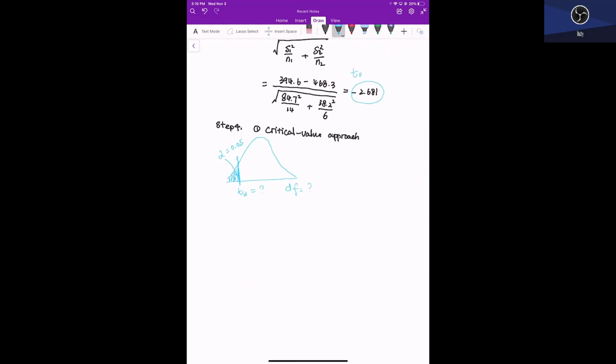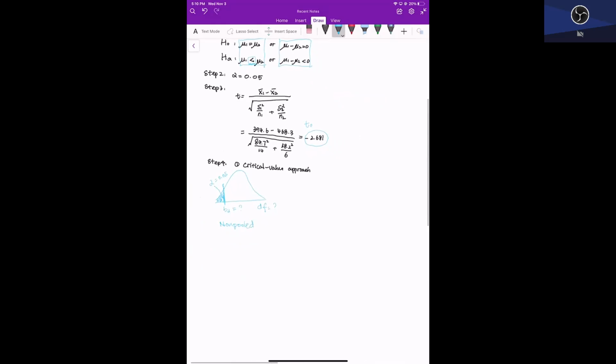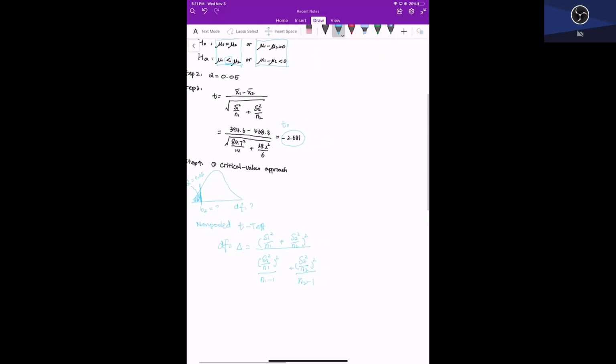In our non-pooled t-test, your degrees of freedom is now equivalent to capital delta, equal to S1 squared over N1 plus S2 squared over N2, the entire thing squared, divided by each of them squared, S1 square over N1 divided by N1 minus 1, and S2 square over N2 divided by N2 minus 1. It's so complicated.